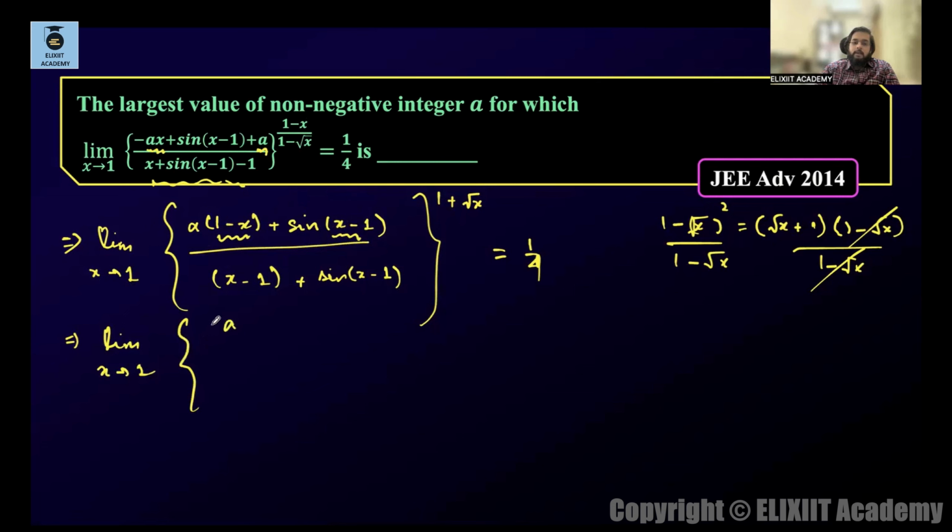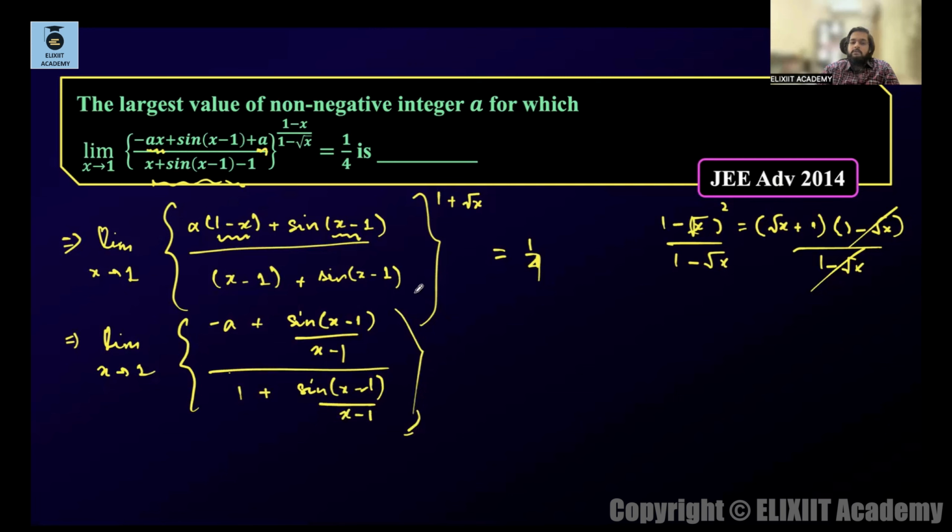A, right? Minus a. In fact, you are dividing by x minus 1. Here we have 1 minus x. So minus a plus sine of x minus 1 divided by x minus 1. And here we have x minus 1 divided by x minus 1, which is 1, and 1 plus sine of x minus 1 divided by x minus 1. That's what we're having. And in the powers, we are having 1 plus root x.